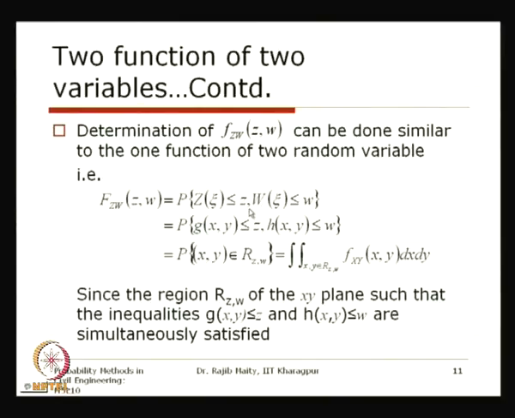As we discussed earlier, this comma indicates the simultaneous occurrence of both these events. In whatever cases both events occur simultaneously, we get their probability, and that probability is nothing but the cumulative probability of the joint distribution between Z and W.